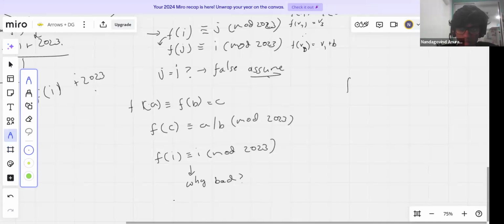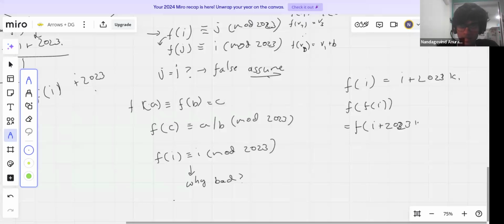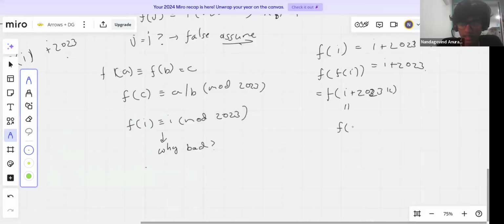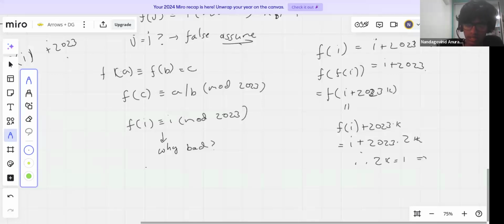So f of i is equal to f of i plus 2023k, which is equal to i plus 2023, which is equal to f of i plus 2023 times k, and now f of i is just i, so this is equal to i plus 2023 into 2k, and therefore 2k equals 1, which implies k equals 1 by 2, but this is a contradiction.